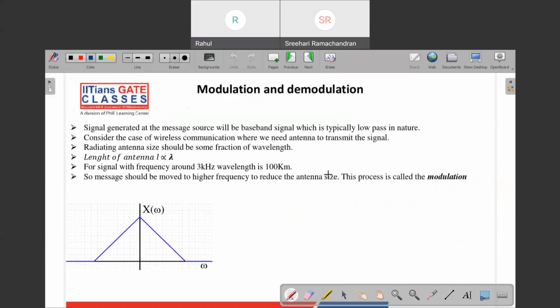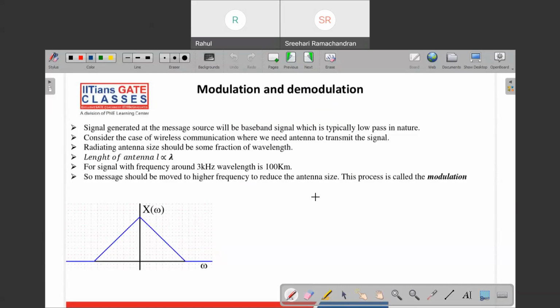Now let's come to the point of why we need modulation and demodulation. Modulation is needed because of multiple reasons. One reason is the antenna size. To radiate the signal through the antenna, the size of the antenna should be proportional to the wavelength.